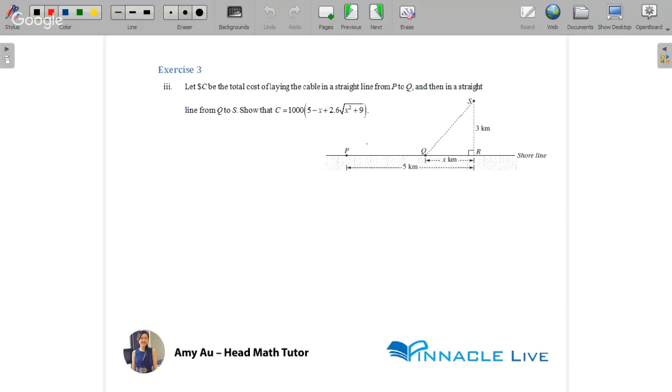This is X, so that must be 5 minus X. And this bit here, it's a right angle triangle, so using a bit of Pythagoras, that will be root of 9 plus X squared. Now don't forget the costing: on the shore, it's $1,000. Underwater, it's $2,600.